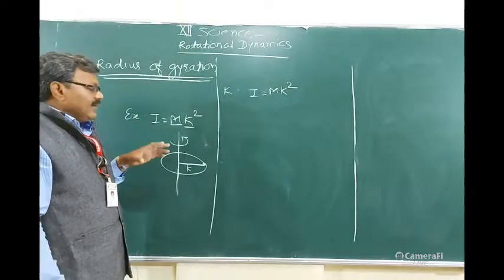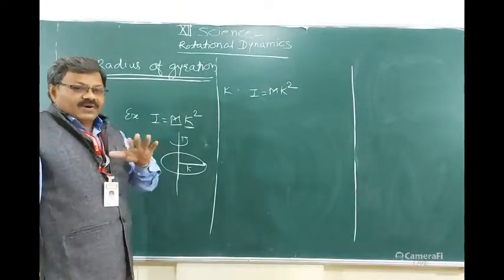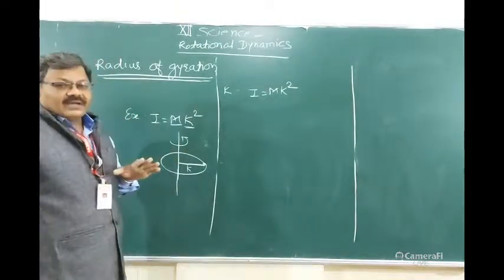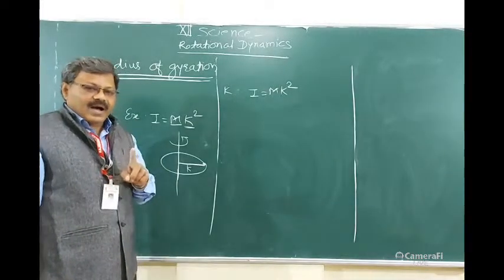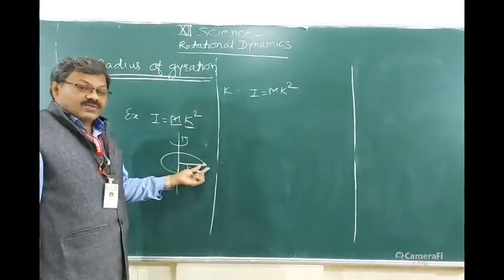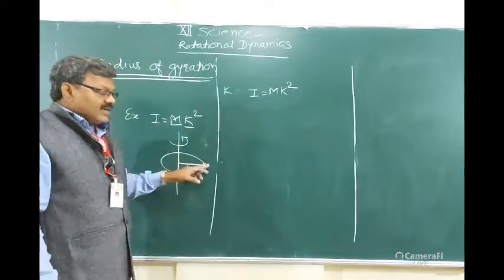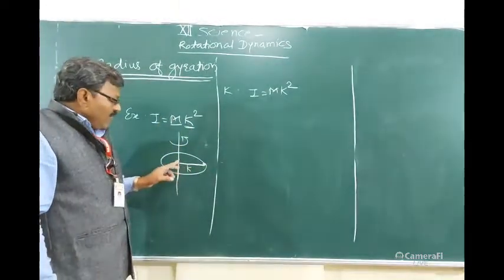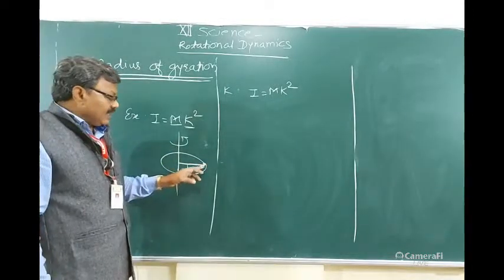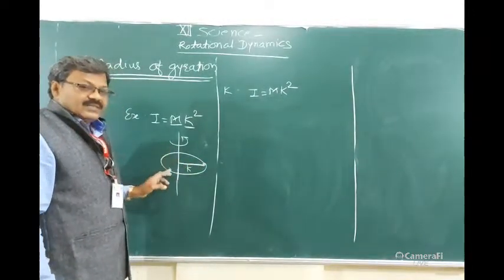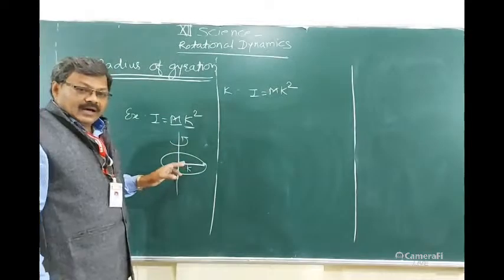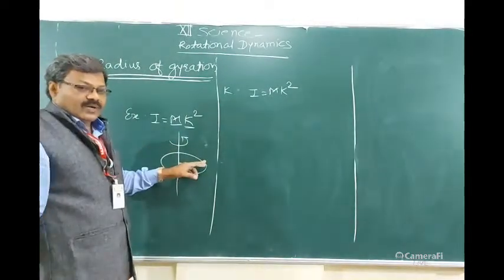When we find it experimentally, it is found that the moment of inertia depends upon the mass of the object. It also depends upon how mass is distributed around the axis of rotation.